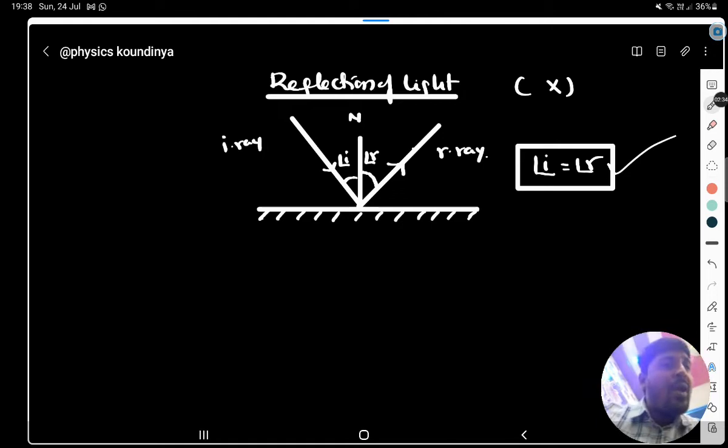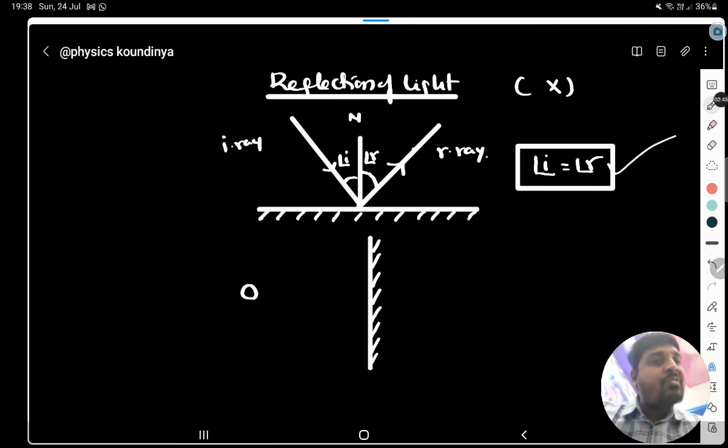We all know about plane mirrors, and we have studied plane mirrors in the previous classes. See, this is a plane mirror, and let us assume there is an object kept here at a distance u. So u is the object distance. The object has been kept a distance u from the mirror.